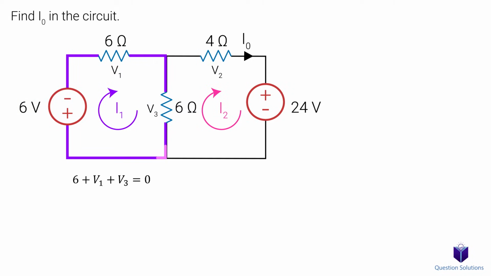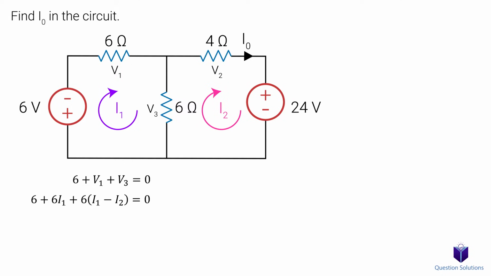Keep in mind, for resistors, we always assume that our current enters the positive side. The next step is to define each of these voltages using the current in our mesh and resistance using Ohm's law. So voltage is equal to the current multiplied by the resistance. For voltage 1, we have current 1 multiplied by the 6 ohm resistor.